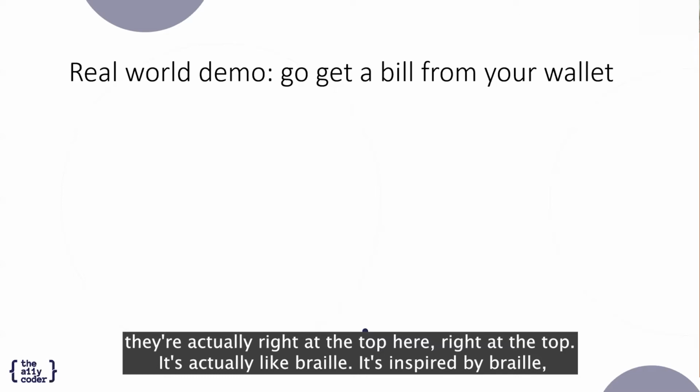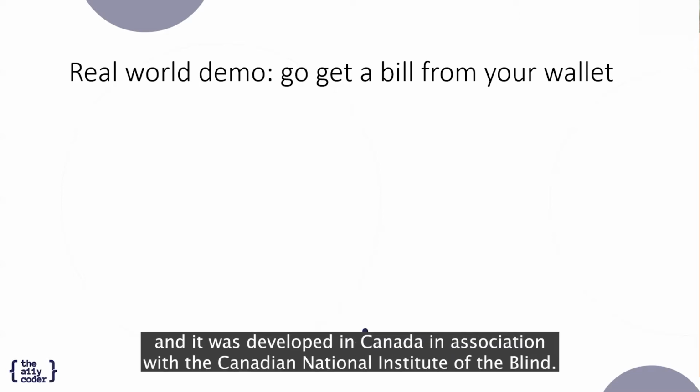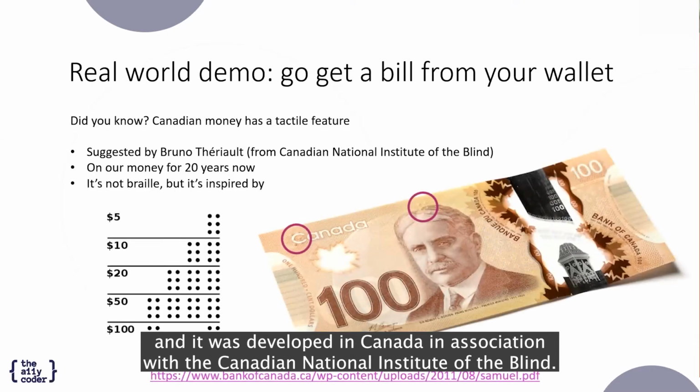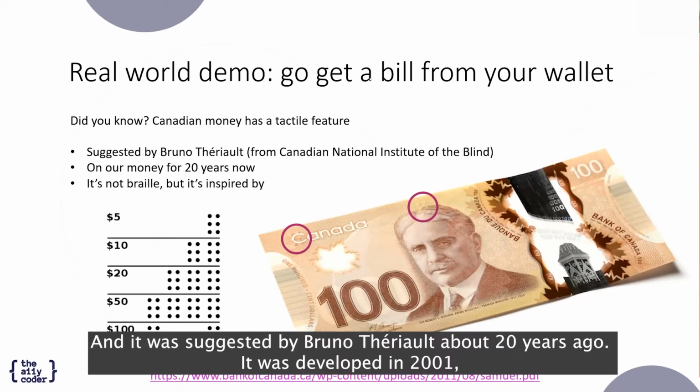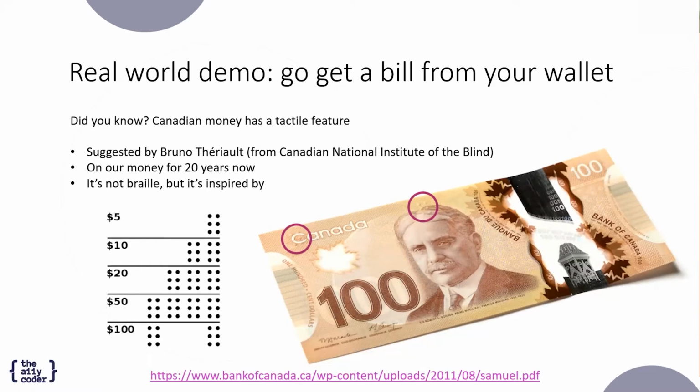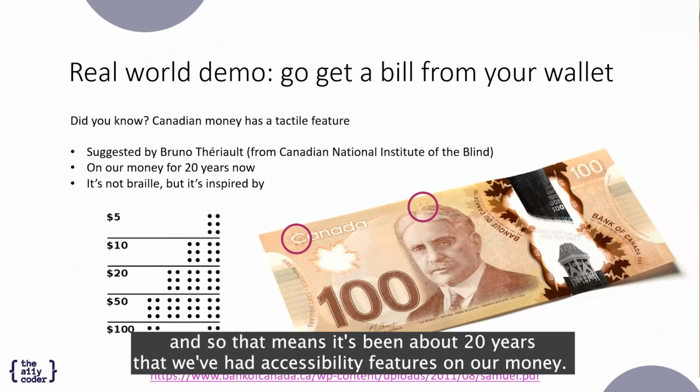It's like Braille. It's inspired by Braille, and it was developed in Canada in association with the Canadian National Institute for the Blind. It was suggested by Bruno Thériault about 20 years ago. It was developed in 2001. So that means we've had accessibility features on our money for about 20 years.